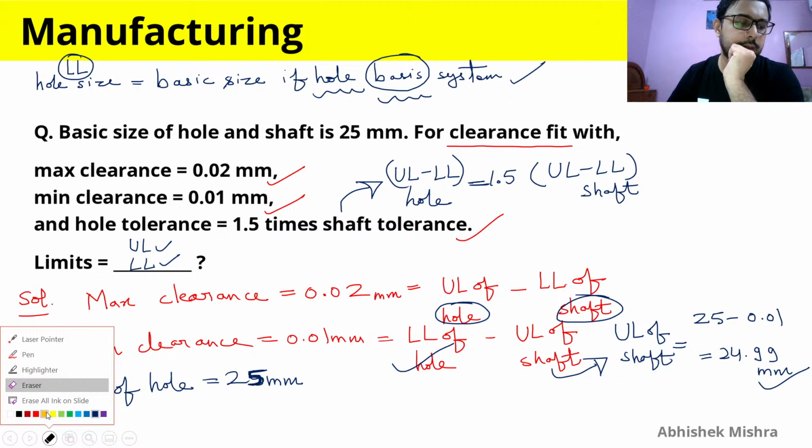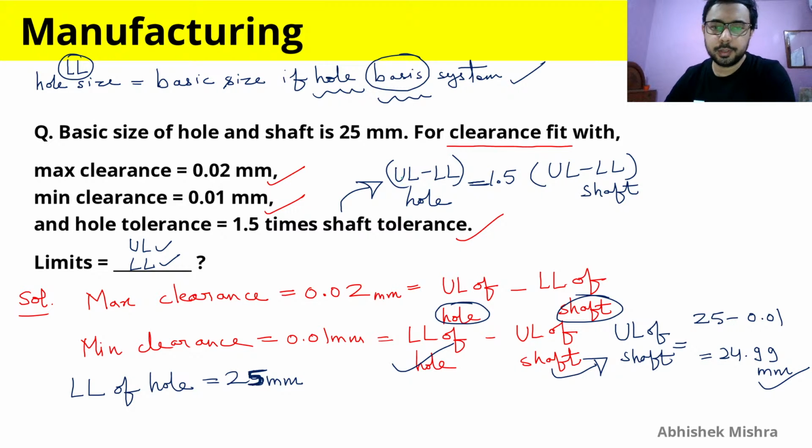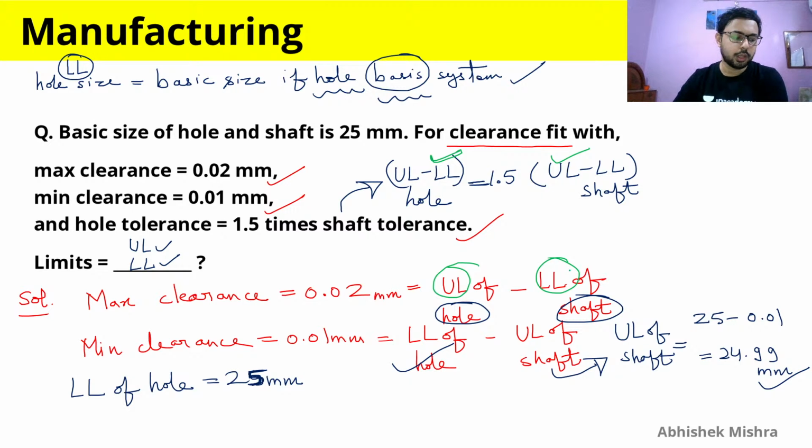See, we have the lower limit of hole, and we have the upper limit of shaft. But we don't have the upper limit of hole and lower limit of shaft.